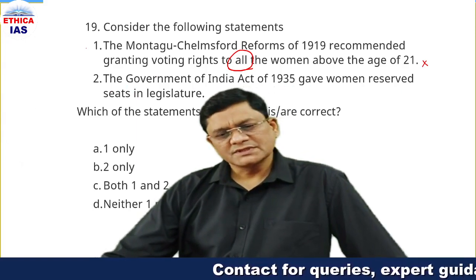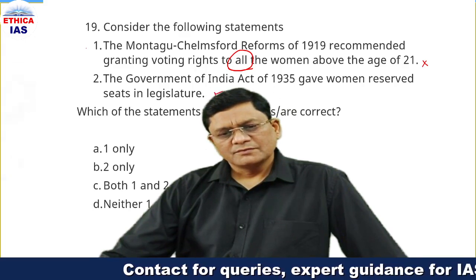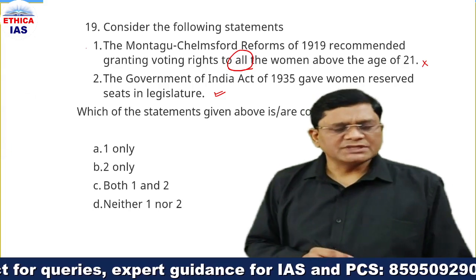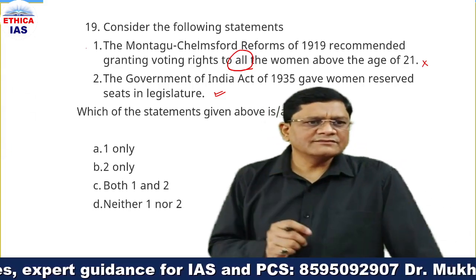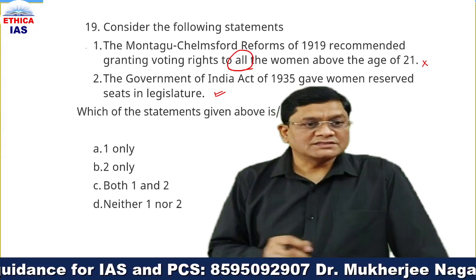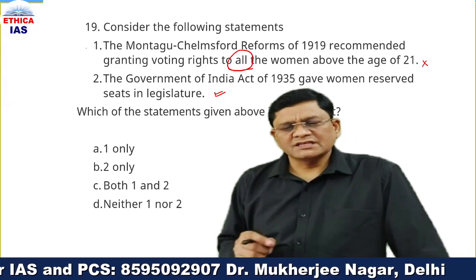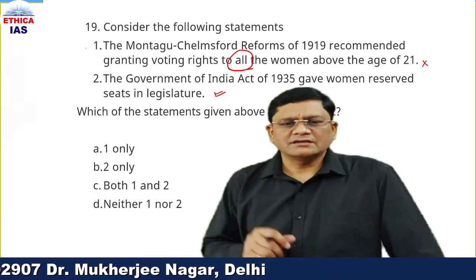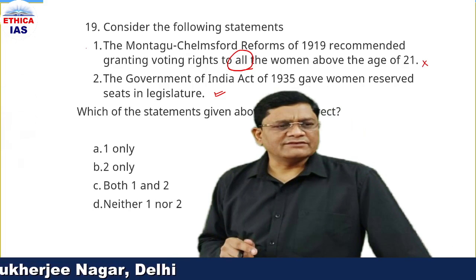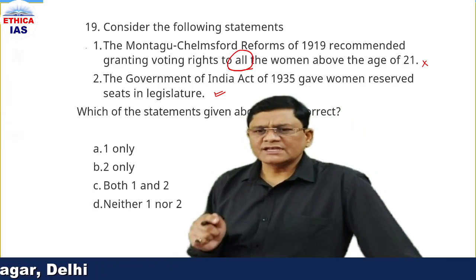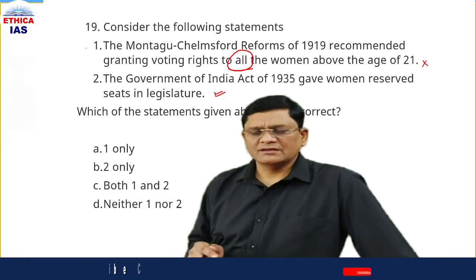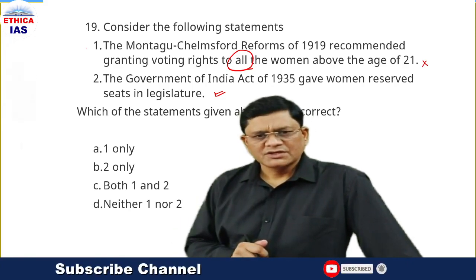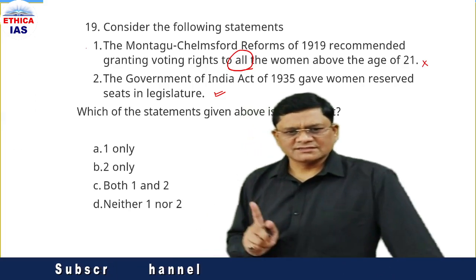Yes, of course, because during British period, many seats were reserved for communal awards for Muslims, Sikhs, Dalits, women, etc. So in 1935, some seats were reserved also for women in state legislature. So second statement is correct.